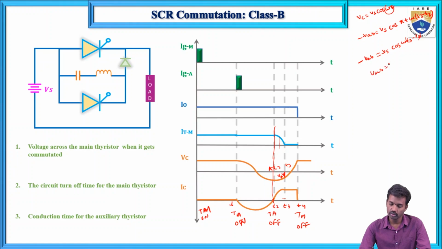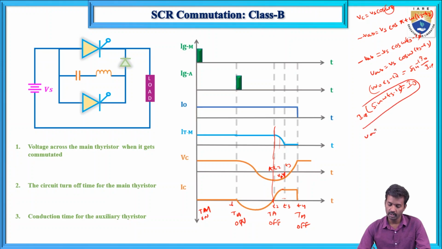So now VAB equals Vs cos omega T3 minus T2. How can we calculate omega T3 minus T2? It equals sine inverse of I naught by ICP. That means sine omega T3 minus T2 into ICP equals I naught. That current is I naught, the capacitor current, which is maximum, and at T3 minus T2 it equals I naught.